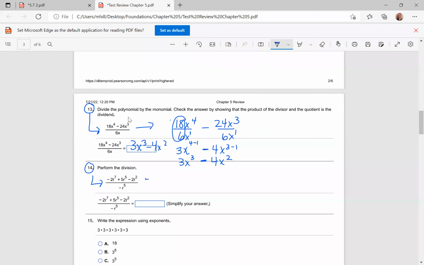Okay, so again, I like to separate these into separate statements. So I would have, I need to make everything over this negative r to the fifth.